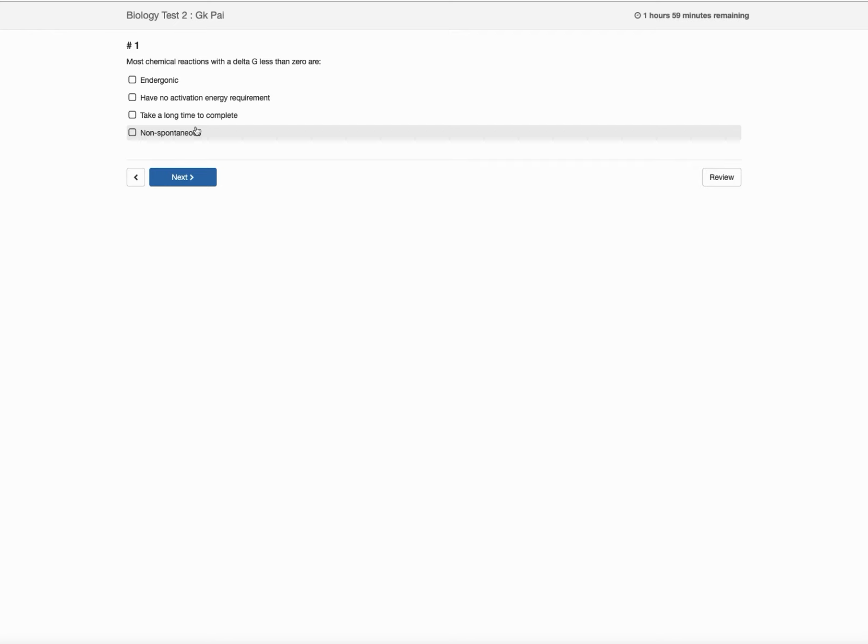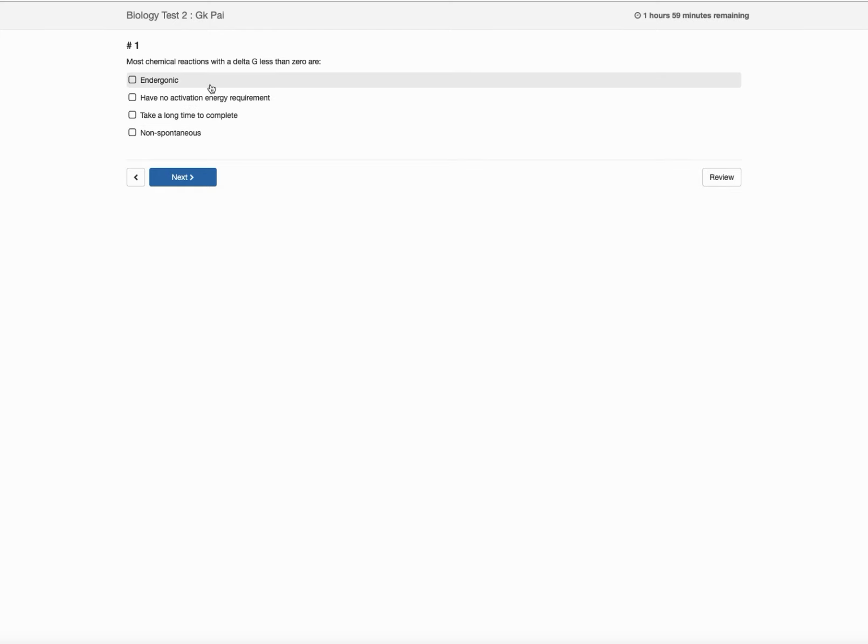Okay, most chemical reactions with a delta G less than 0. Delta G is referring to the Gibbs free energy of a chemical reaction. When the delta G is less than 0, it's an exergonic reaction, meaning it's releasing energy. Delta G that's positive means that it is taking in energy and it's endergonic.